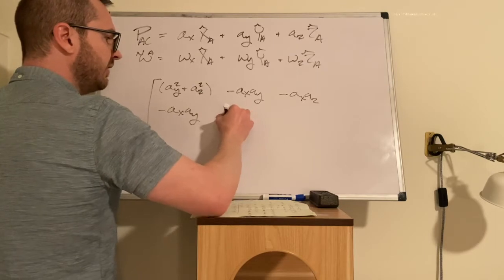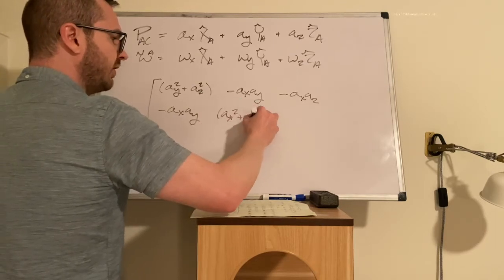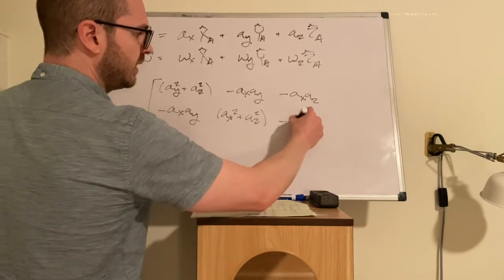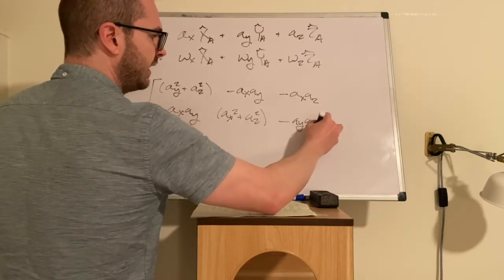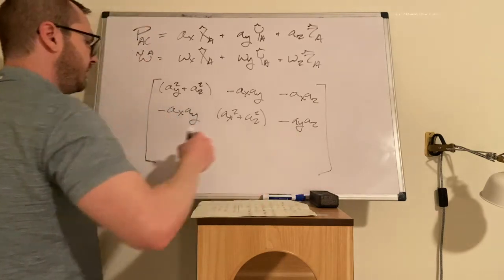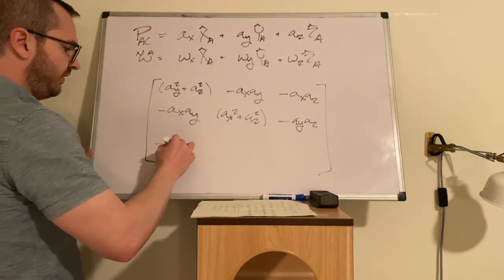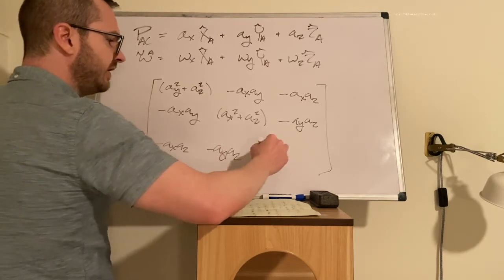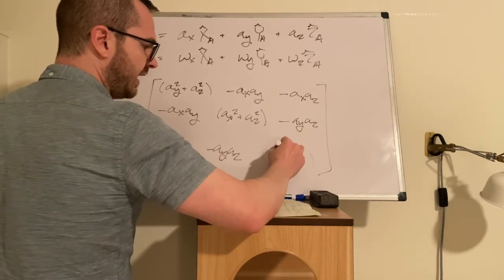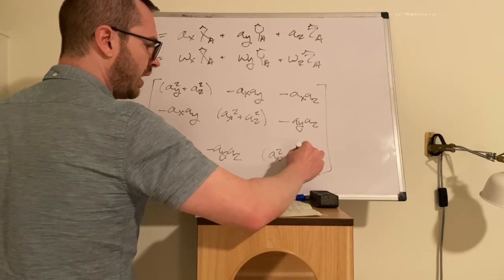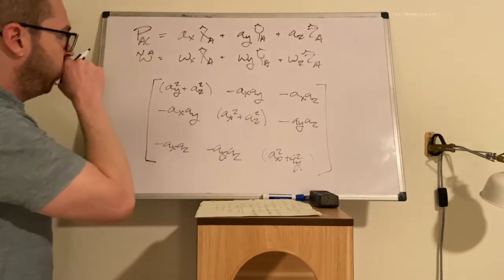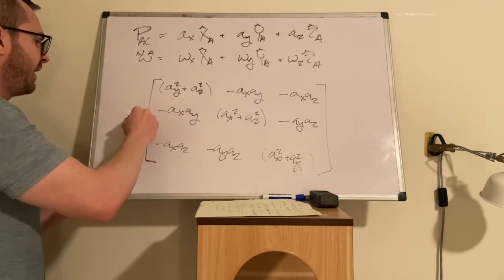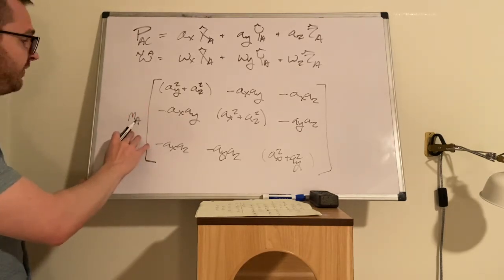Now in the middle is ax squared plus az squared. This one is going to be minus ay az, minus ax az, minus ay az, and ax squared plus ay squared. Excuse me. And then all of this multiplied by still the scalar mass.